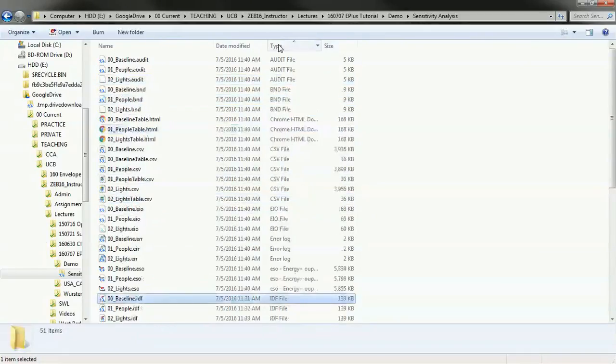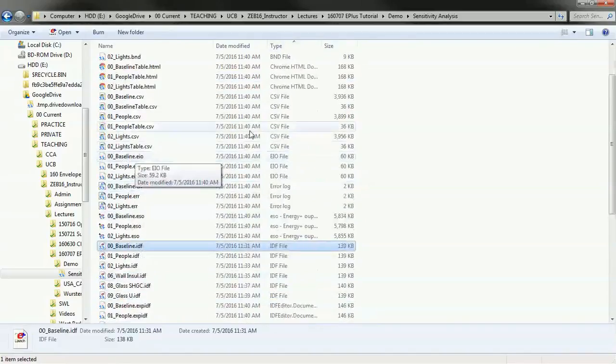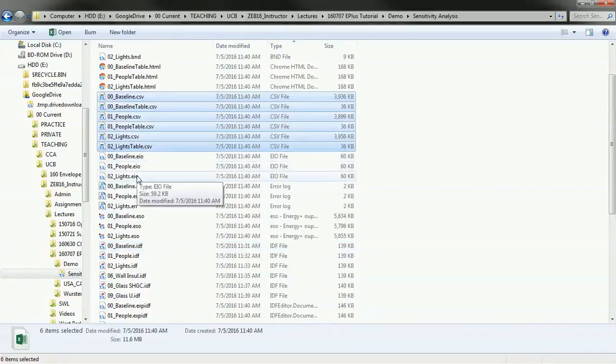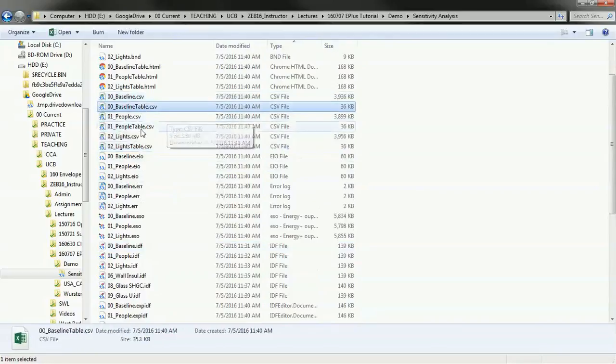So if we change these to organize by type, and then go to the CSV files, you can find all of the CSV files for all of the runs. And in fact, for the elimination parametrics or the sensitivity analysis, we're really just concerned with the table files. So we can click on those, and then I'm going to hit enter, and it'll open all three in Excel.